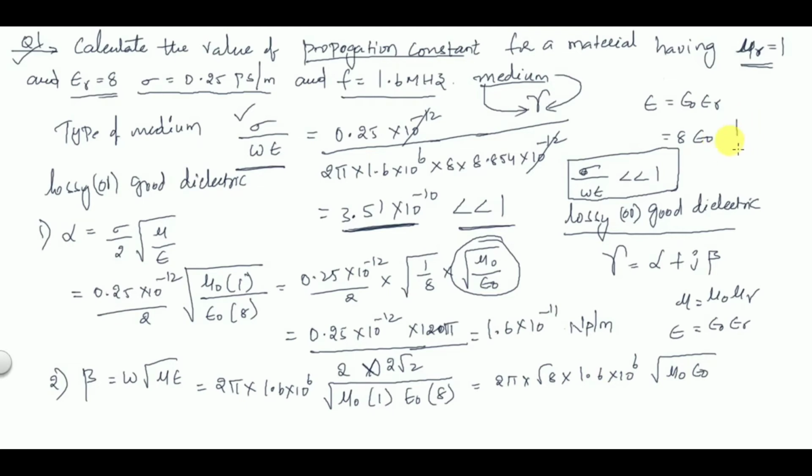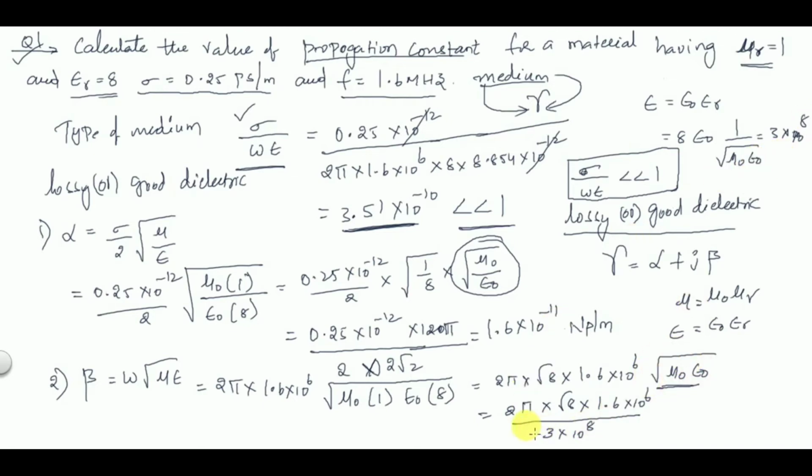naught epsilon naught. So we know that 1 by root of mu naught epsilon naught is the velocity of light, that is 3 into 10 to the power of 8. So root of mu naught epsilon naught will be 1 by 3 into 10 to the power of 8. So 2 pi into root 8 into 1.6 into 10 to the power of 6 divided by 3 into 10 to the power of 8.